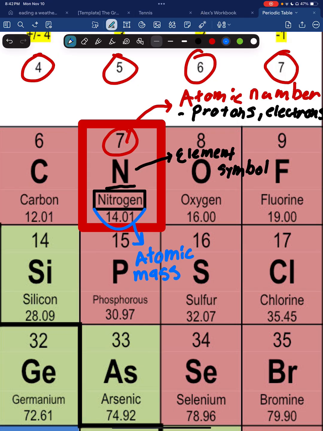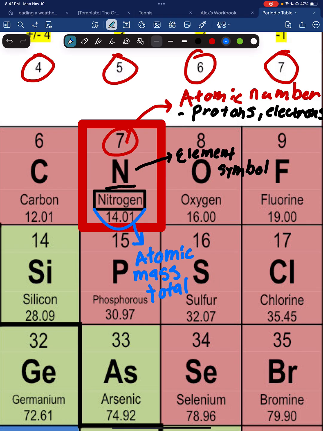Your atomic mass is made up of 2 subatomic particles, and these 2 subatomic particles are located in the nucleus. Your atomic mass is a total. I would really remember that that part is a total. So the 14 is a total number of how many protons and neutrons are in the nucleus of our nitrogen atom.